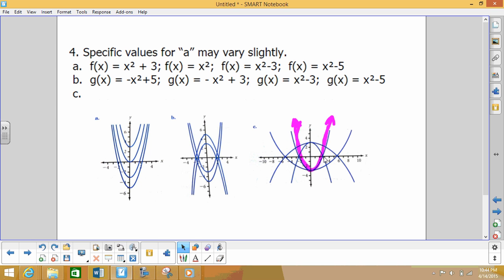Try to find one that's kind of in the crosshairs. Looks like maybe 4, positive 4 might be on that. But you can go and check on your graph. And it does turn out that the first one is x squared minus 3.